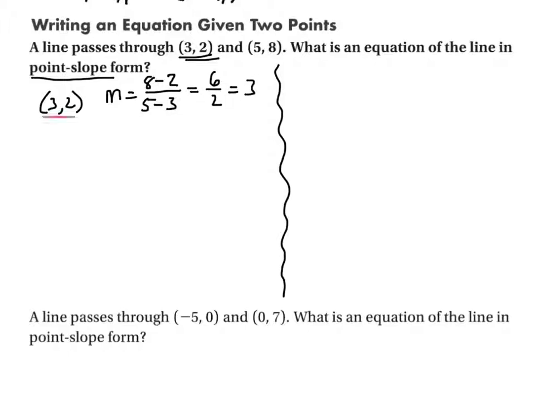Okay, so there we go. We have our point, we have our slope. We can put this into point slope form. So we have y minus y1 equals m times x minus x sub 1, and we plug in y minus 2 equals 3 times x minus 3.